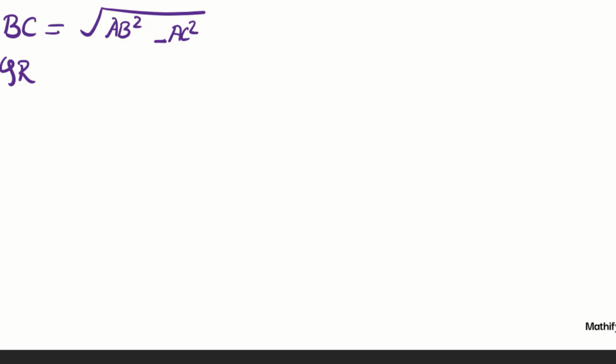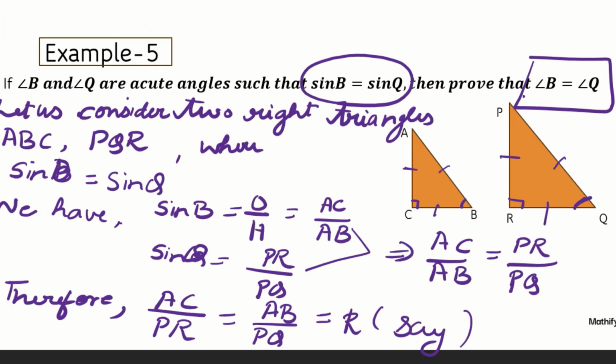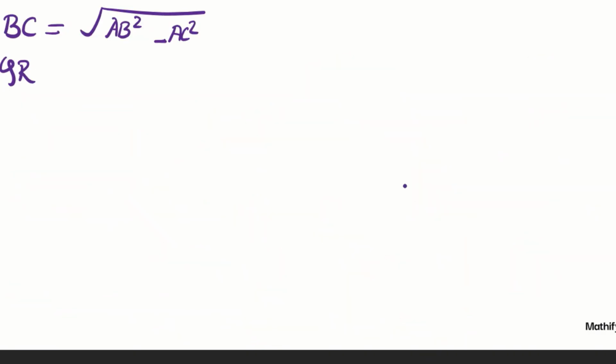What is QR here? This QR. Okay, and BC is this. So this will be equals to square root of PQ square minus PR square.